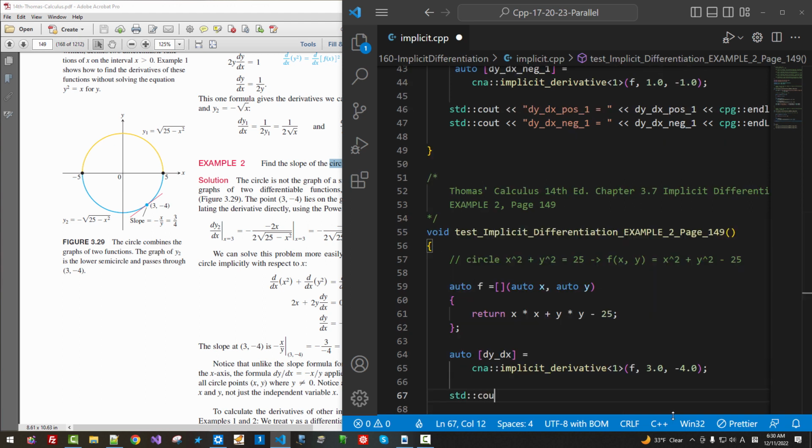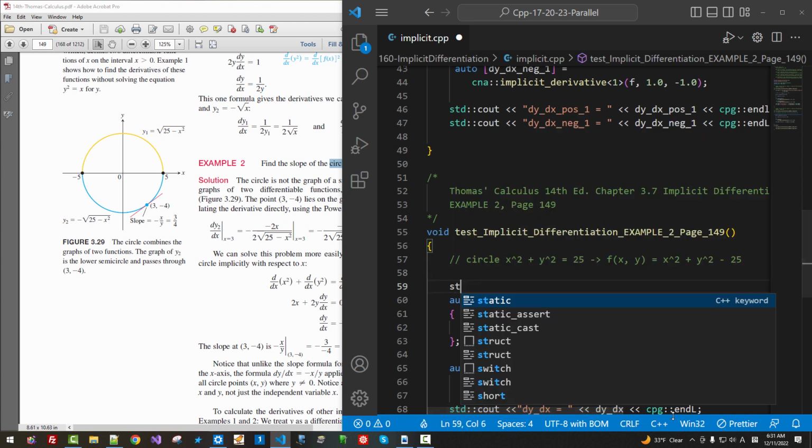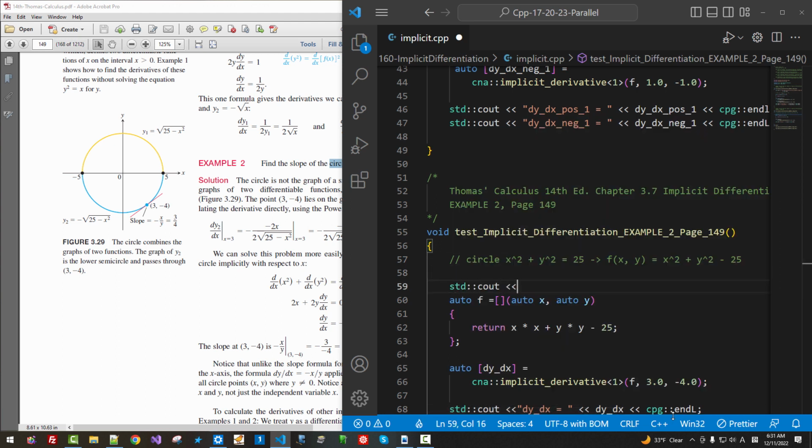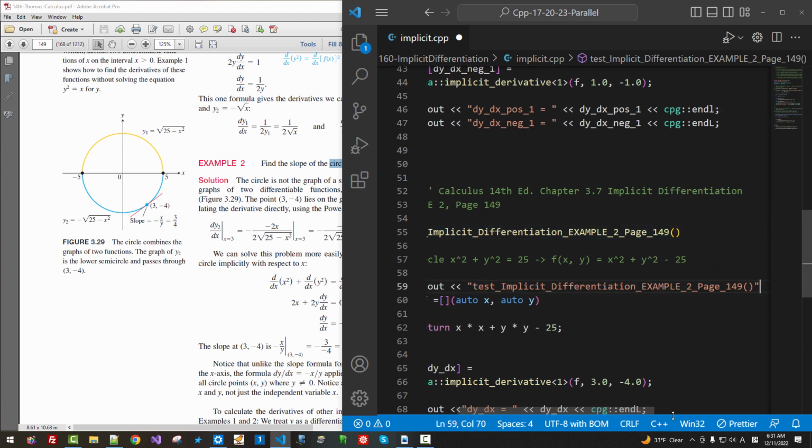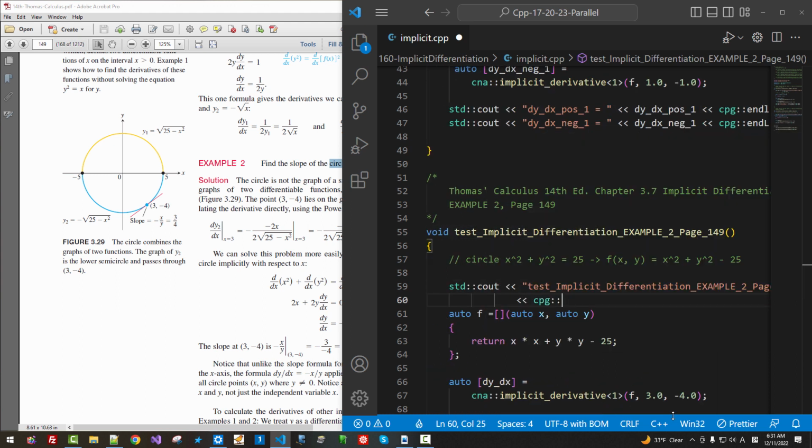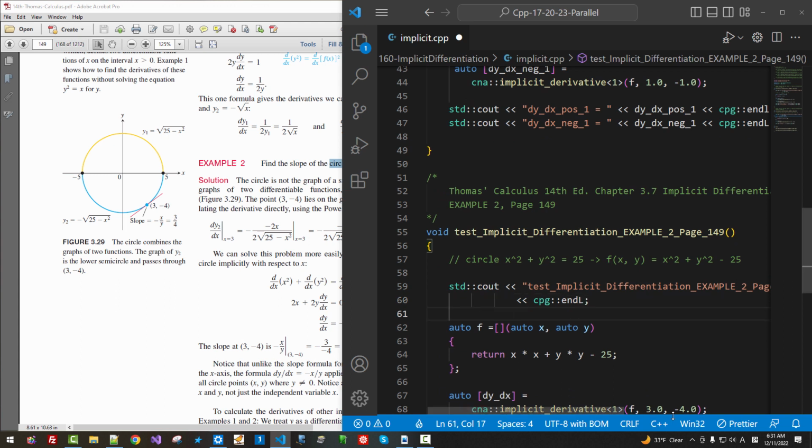std::cout, dy over dx, cpg, and endl. Here, std::cout, copy the function name, paste, cpg, and endl.